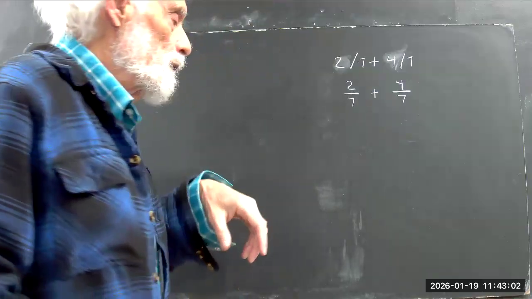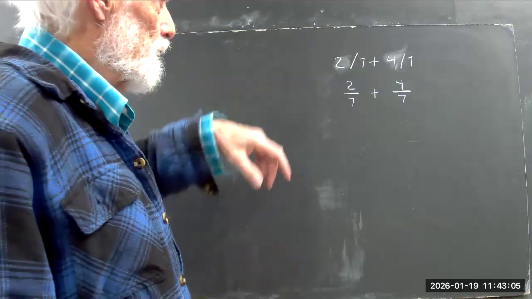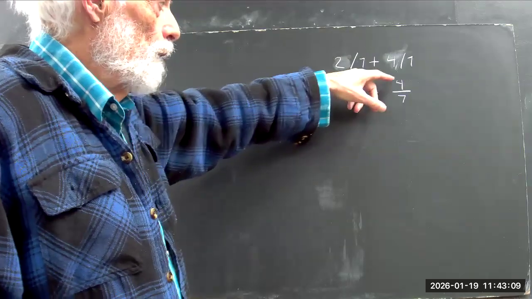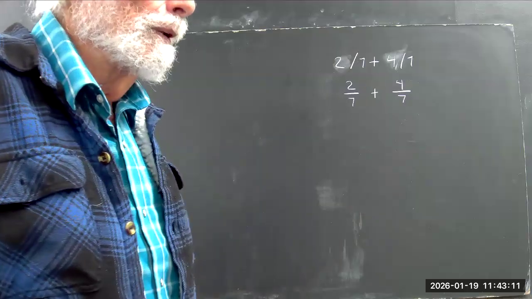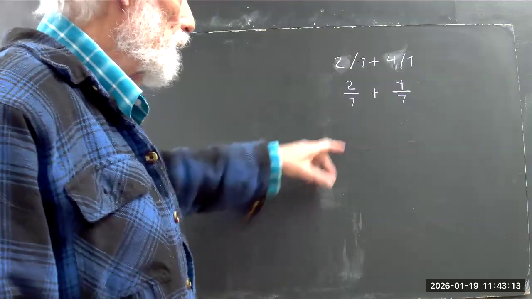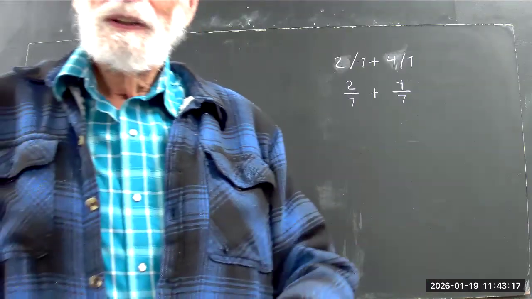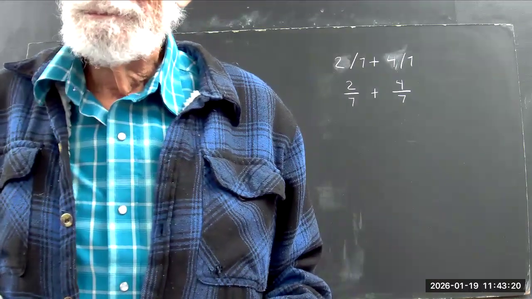So you have the fractions, and you see that 2 is the numerator and 7 is the denominator on the first fraction, and 4 is the numerator and 7 is the denominator on this fraction. What does the denominator of 7 mean? It means you cut something up into 7 pieces.